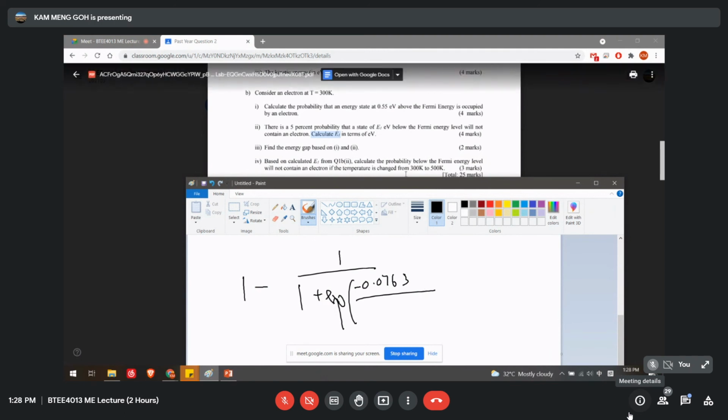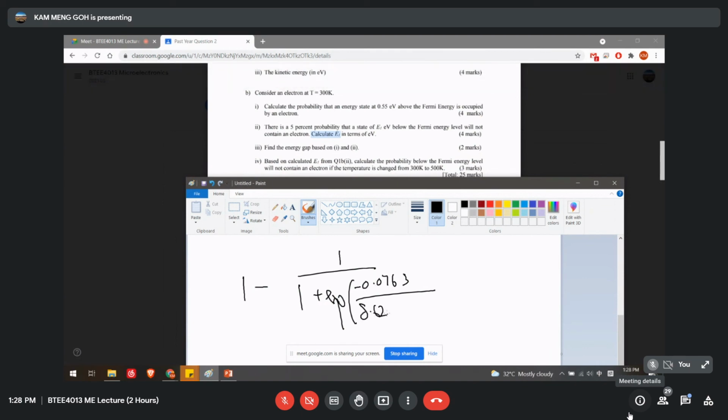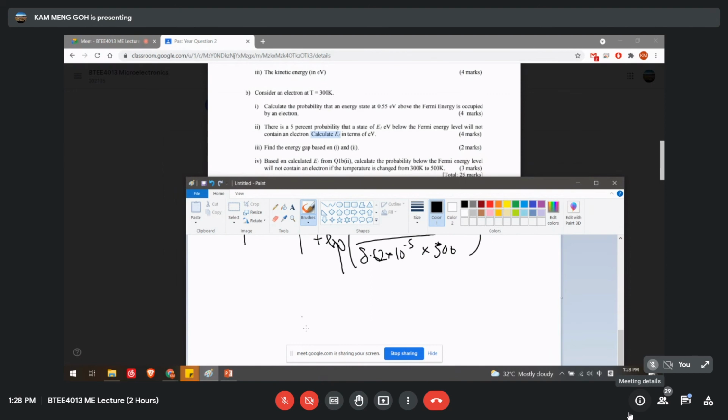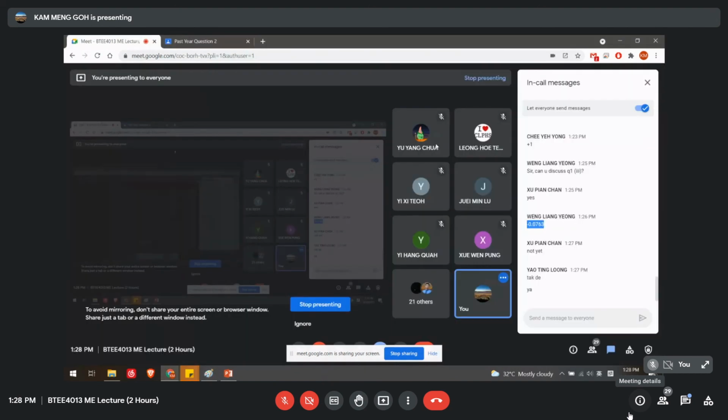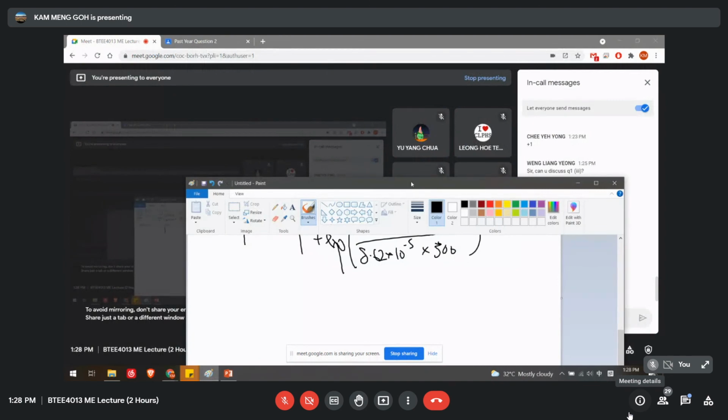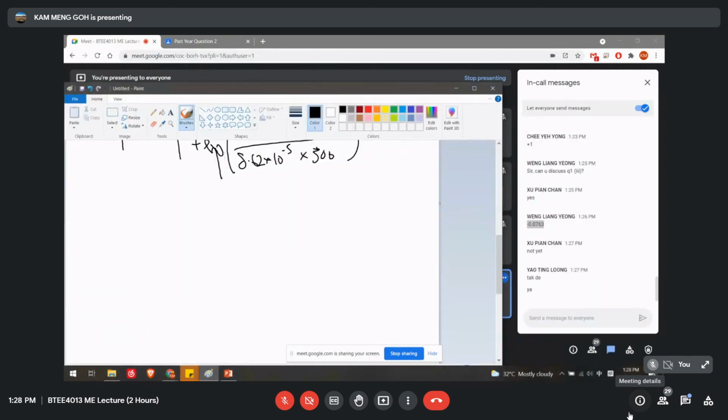kT. Okay, so this is more tricky because this is from 300K to 500K. So we have to use the 10 to the power negative 5 multiplied by 500 to get the final answer. Then you can get the probability. So Long Yao Ting, what answer do you get for the last question?